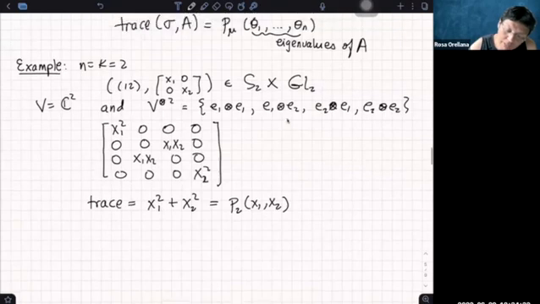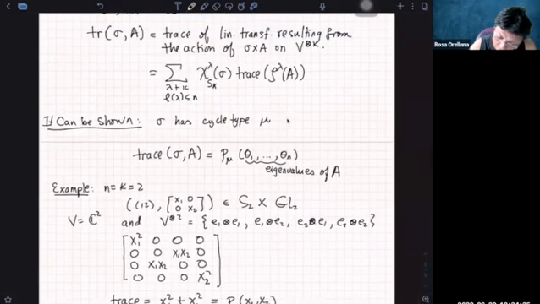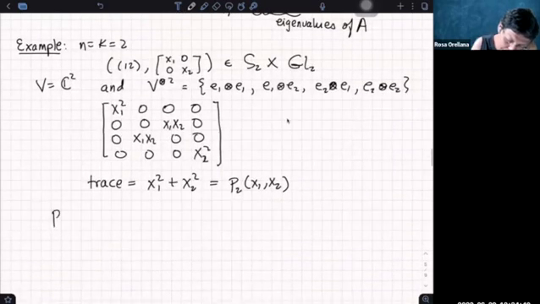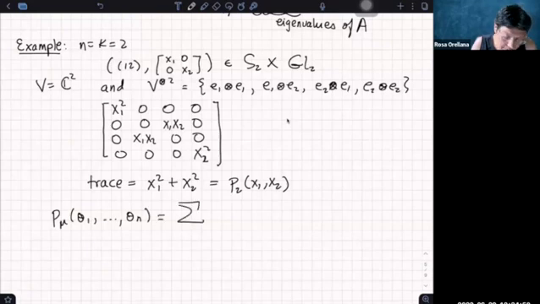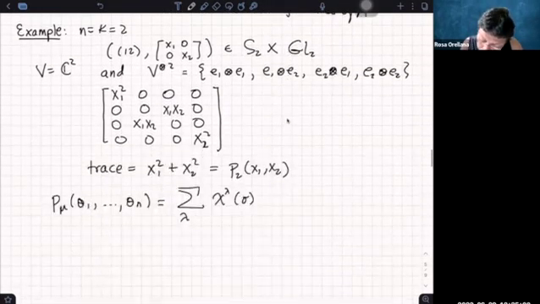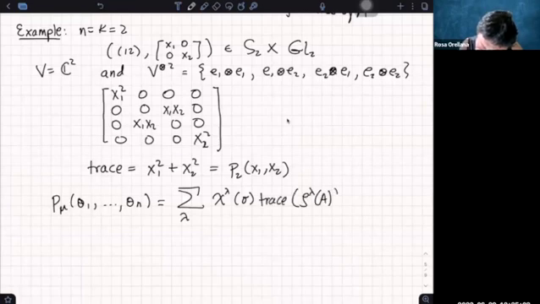So if we go back to our formula right here, we have that p_μ(θ_1, ..., θ_n) is equal to the sum over λ of χ^λ(σ) times the trace of ρ_λ(A).